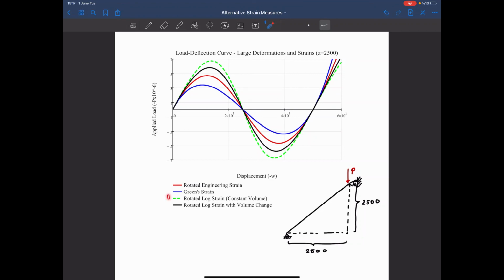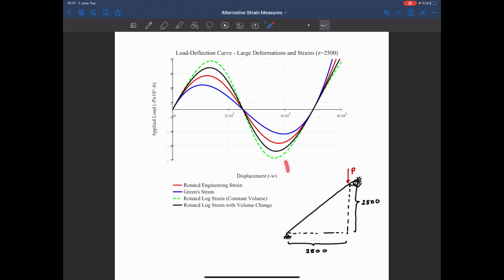Now, the most stiff behavior is when we use the true strain and the constant volume. It's here. But actually, this is not the real behavior, because we have very large deformations here, and due to that large deformations, there will be a volume change. So when you consider the volume change, this is what we see.